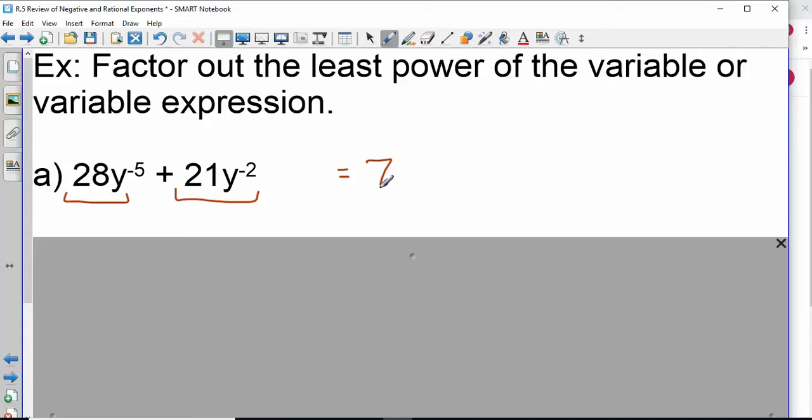You would pull out the y squared, the smaller number. So we're doing the same thing here. What is smaller, negative 5 or negative 2? Negative 5, right?